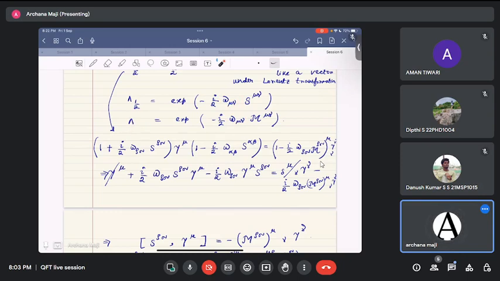Okay. No, I'm asking about the physical representation, the physical difference between lambda and lambda half. If lambda corresponds to the Lorentz transformation regarding boosts and rotations, what does lambda half represent? Okay, that's a good question.